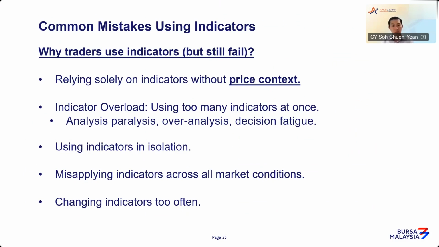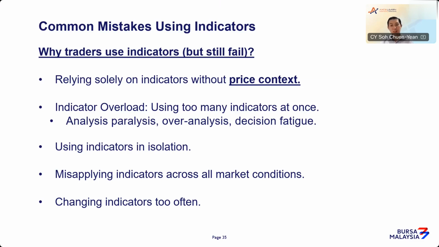Thirdly, of course, if you use indicators in isolation and you ignore the chart context, you ignore trend direction or any other important information, which means you don't have an overall picture. People also misapply indicators across all market conditions. You need to understand that some indicators work best for a trending direction.